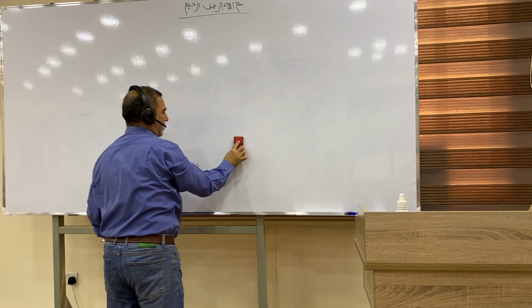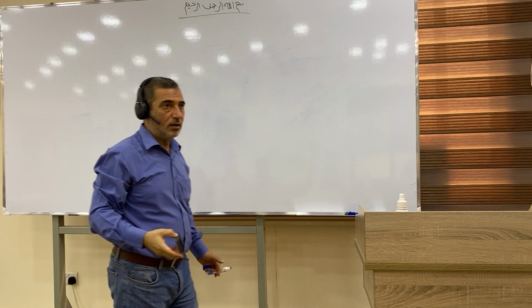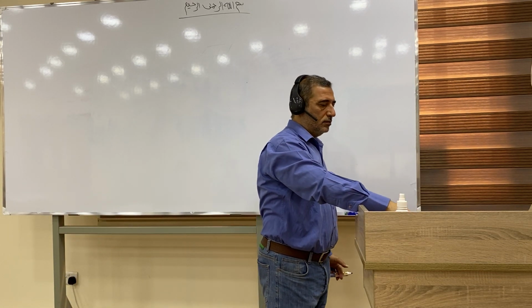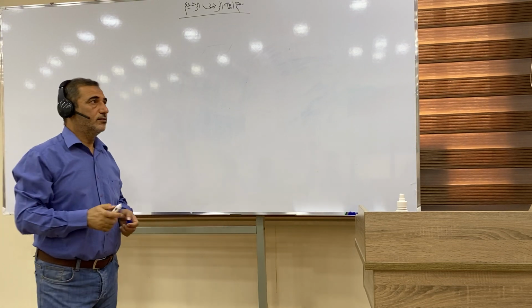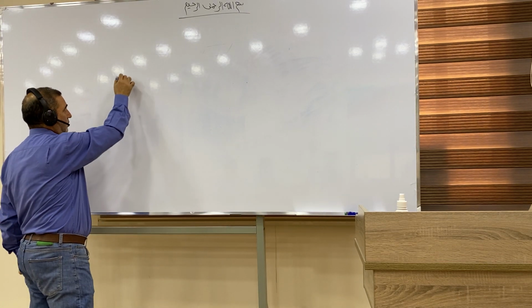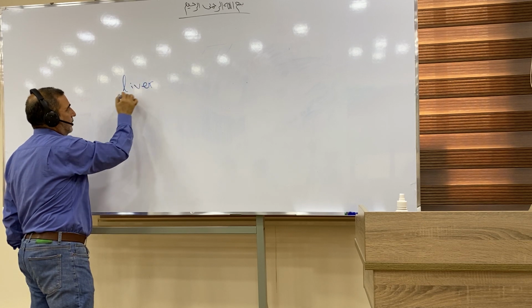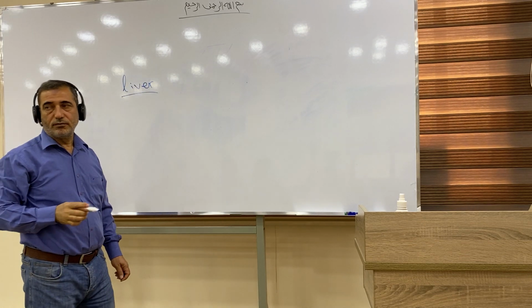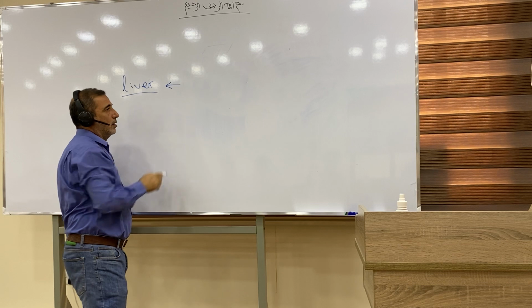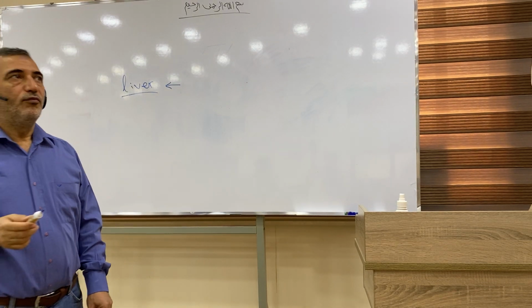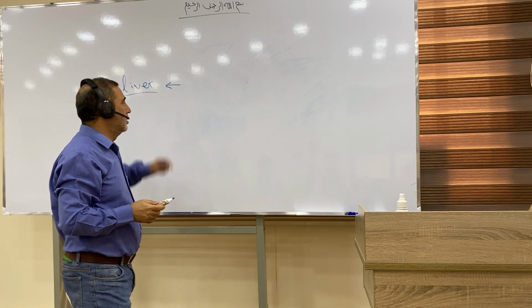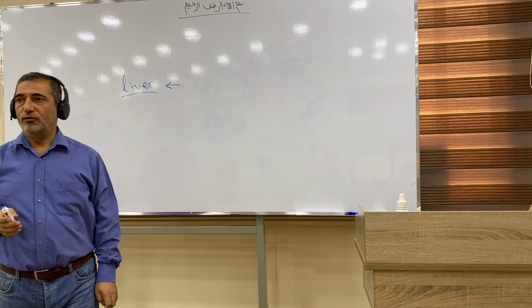So on the next slide, we are going to mention some of the functions of these organs. For example, we are going to mention the function of the liver. What do you expect? How many functions have been known till now for the liver?